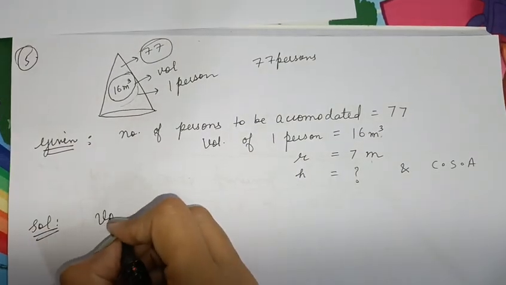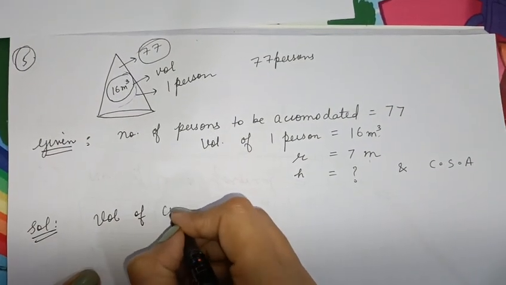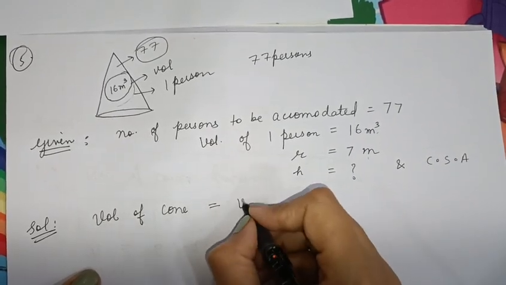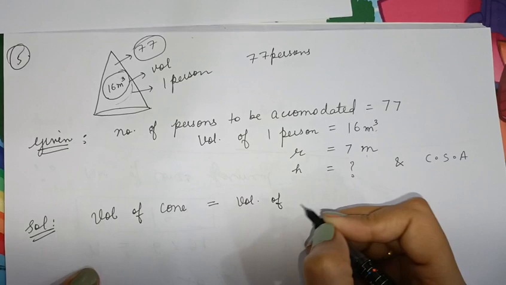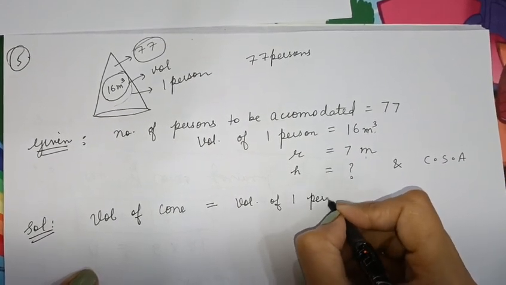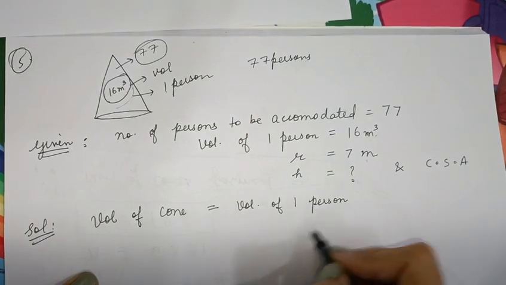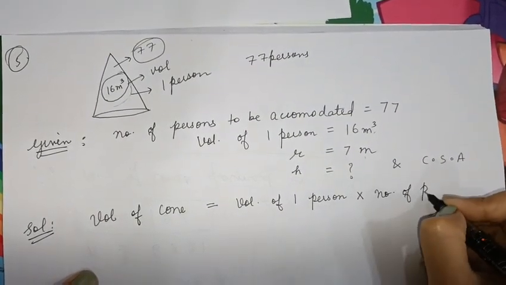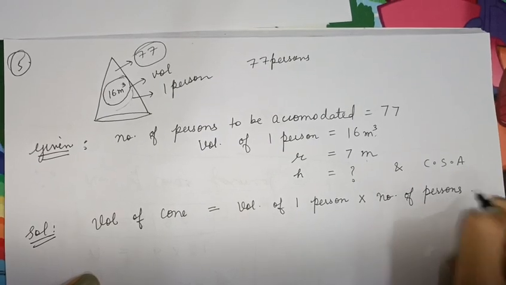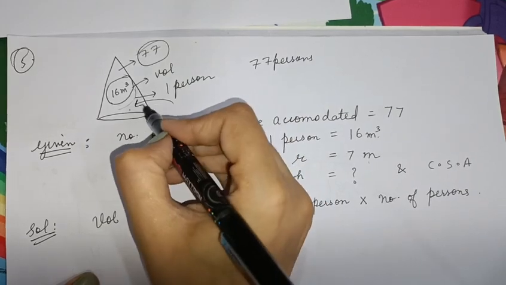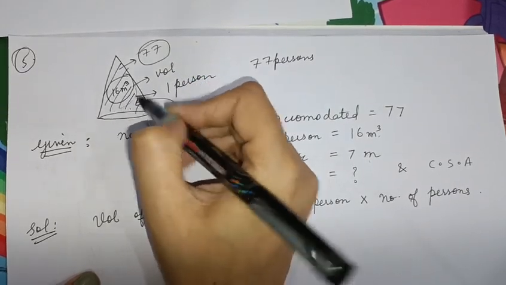If 77 persons can fit inside that, that means what will be the volume of cone equals to? Volume of cone, it will equals to volume of air required by one person into number of persons. So its volume means how many persons can be accommodated, that much air should be there, no?